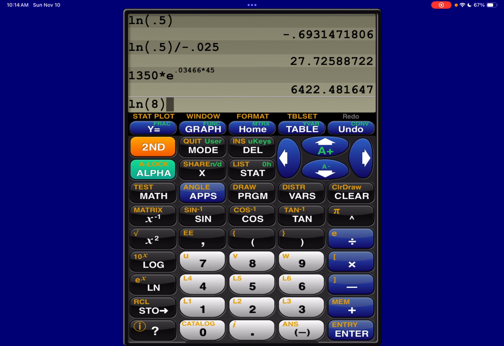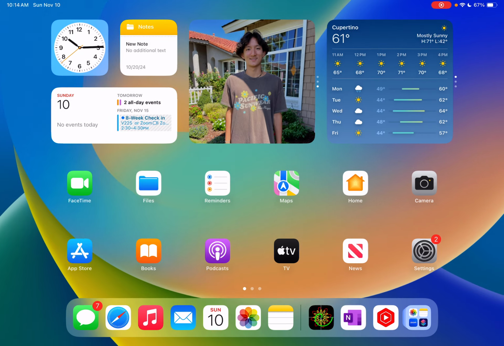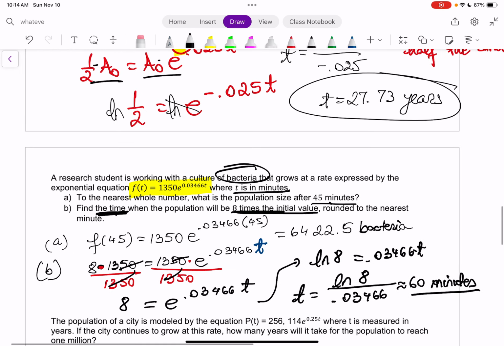So I have natural log of 8 divided by 0.03466. So about almost exactly 60 years. Oh, not 60 years, 60 minutes, sorry. So just about an hour, right?